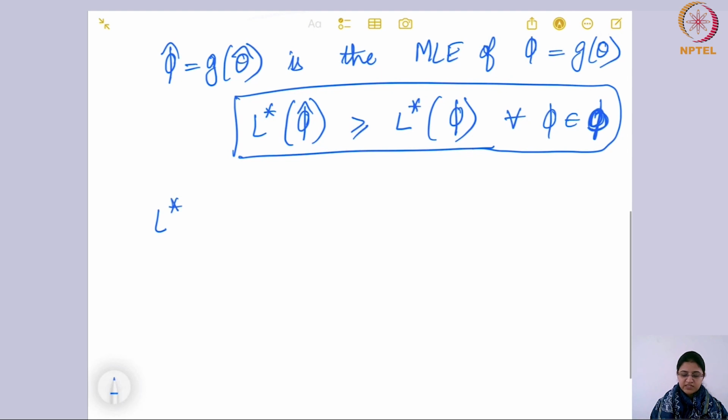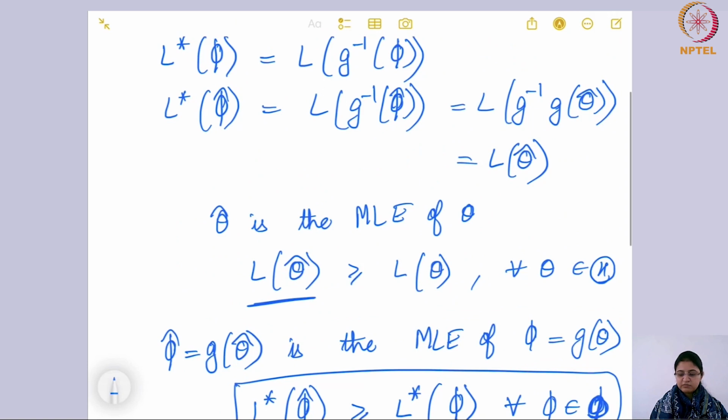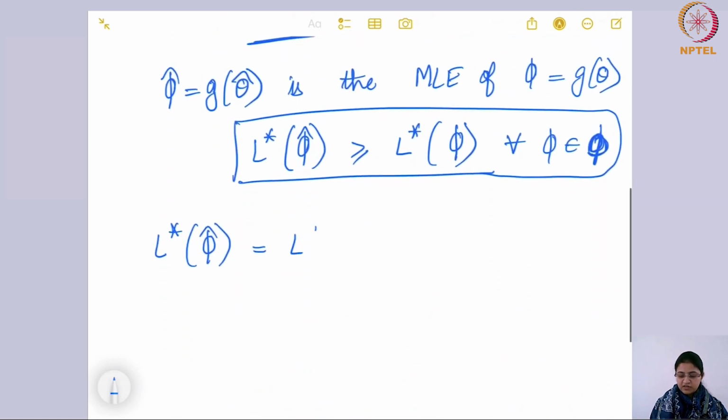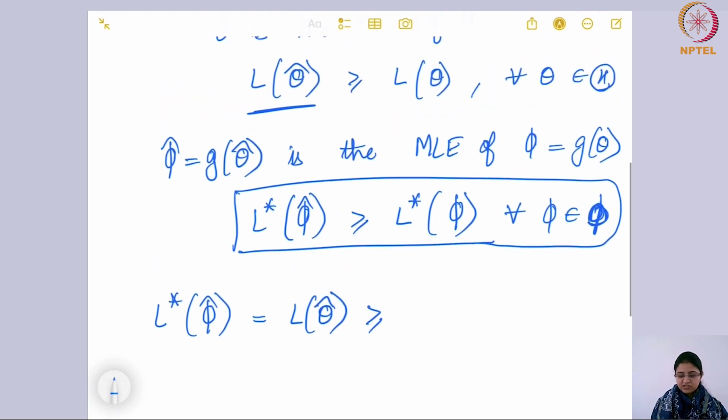So let us start with the left hand side. We have shown that L star of phi hat is nothing but L of theta hat. And L of theta hat is greater than L of theta because it holds for every theta.